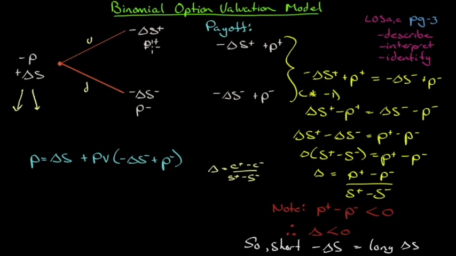The value of the call after an up move versus the value of the call after a down move would always be positive, so delta would always be positive. But over here, since we're talking about a put, the value of the put on the upside will be less than the value of the put on the downside, thereby making this negative. So delta is a negative number. Now, we don't write negative delta. We just say that delta is negative 0.5. So let's think about what we're doing now.